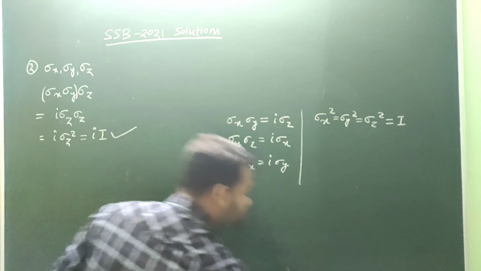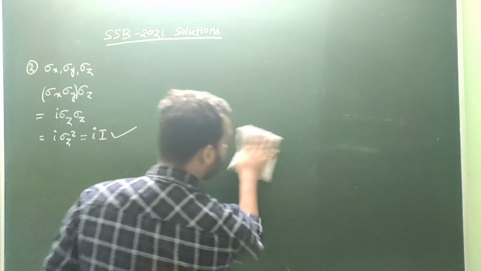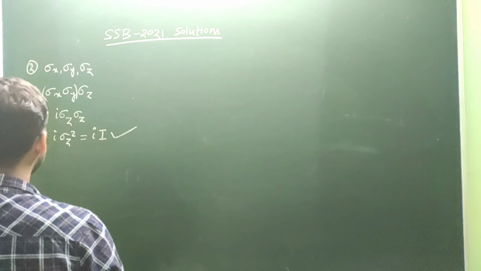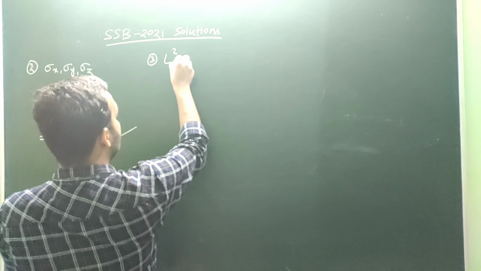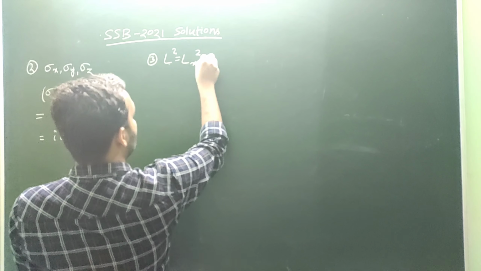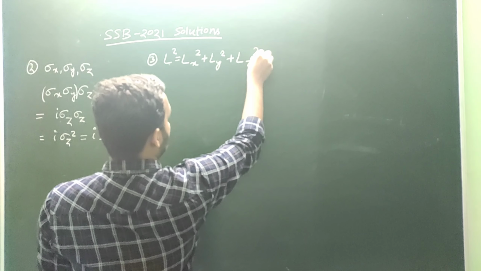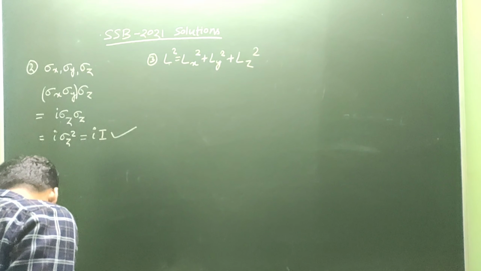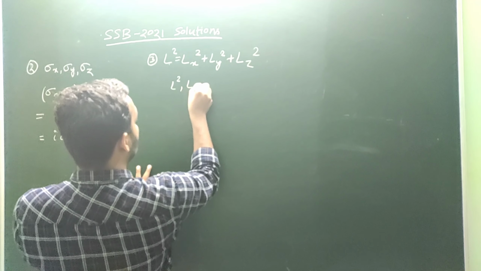And another question was for angular momentum, the commutator bracket of angular momentum. This is the third question. He has given L square as Lx square plus Ly square plus Lz square, and he has asked to find out the commutator bracket of L square with Lz.